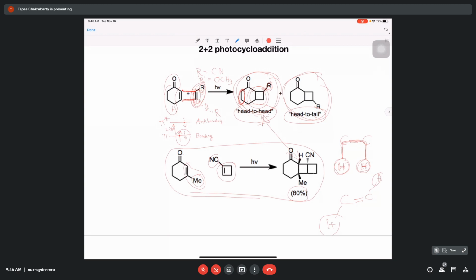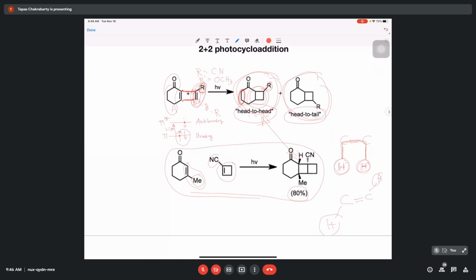Oh, head to head. Actually, head is a common term used in chemical language, just to distinguish between the two, like a coin has a head and a tail. Basically you have two groups here, because if I do not have this R group, then it is indistinguishable.